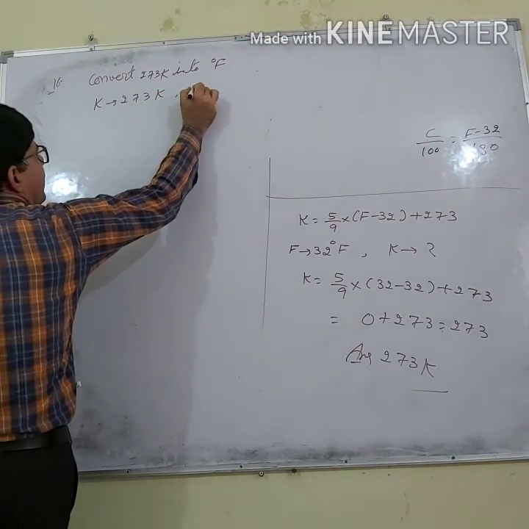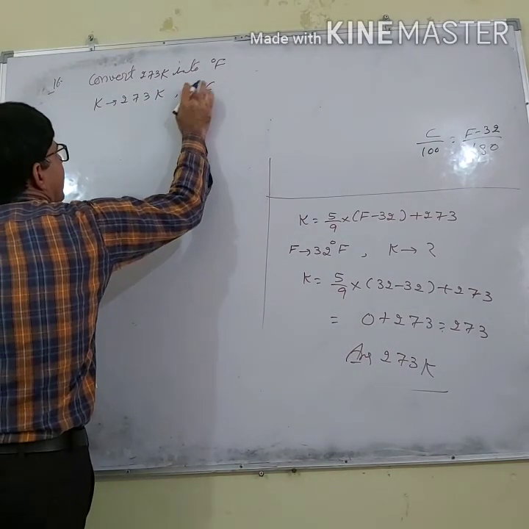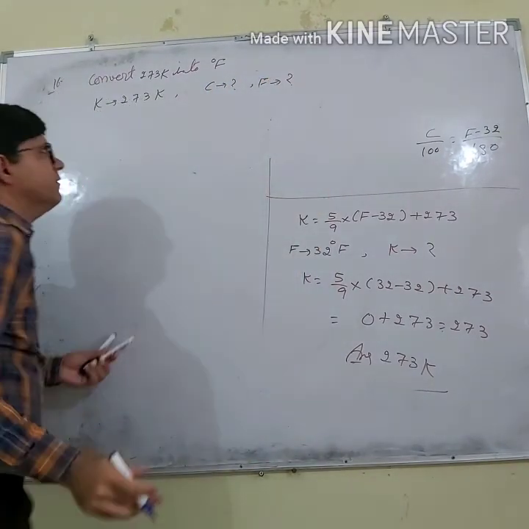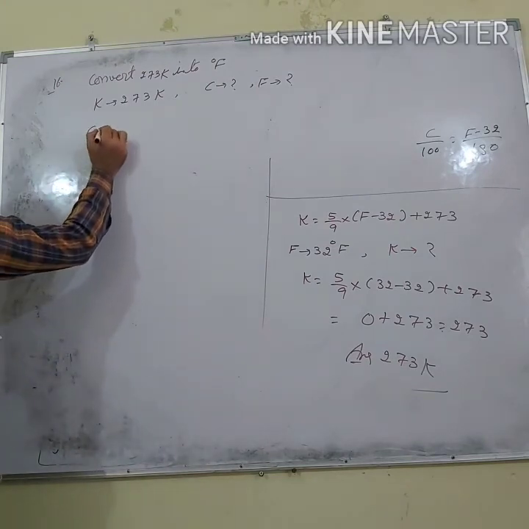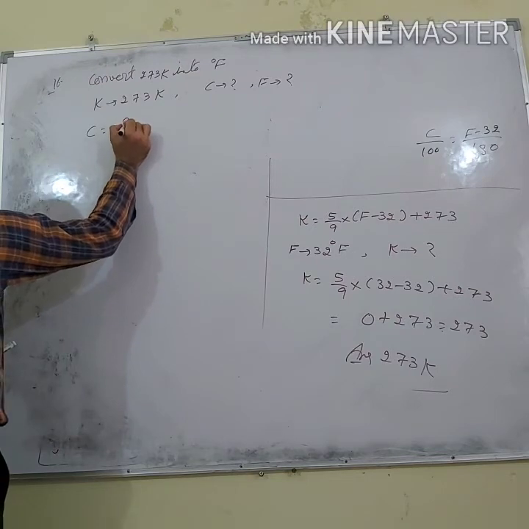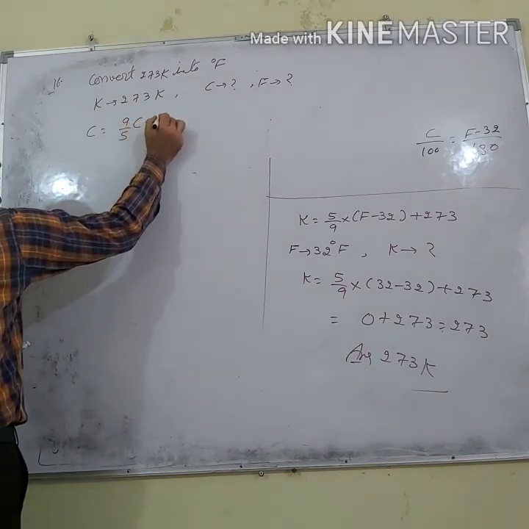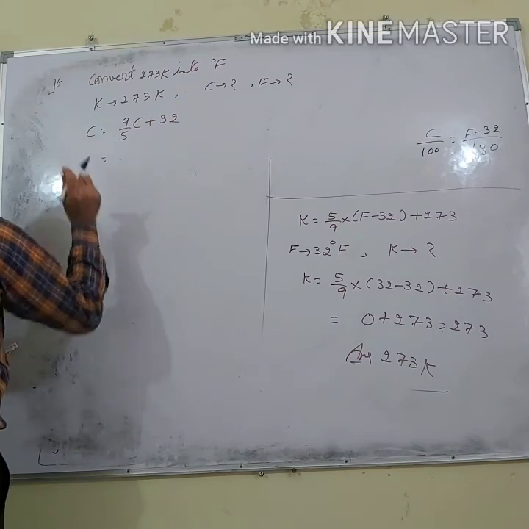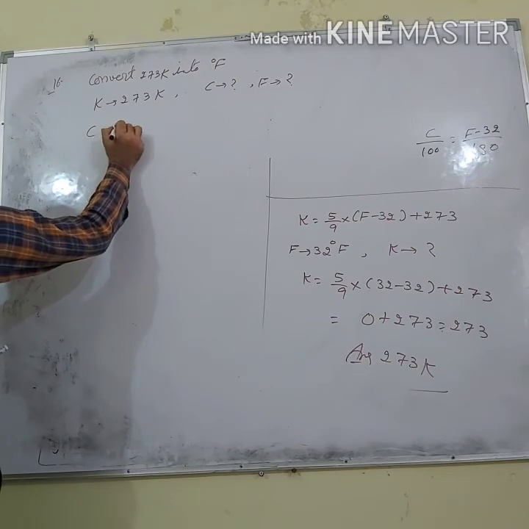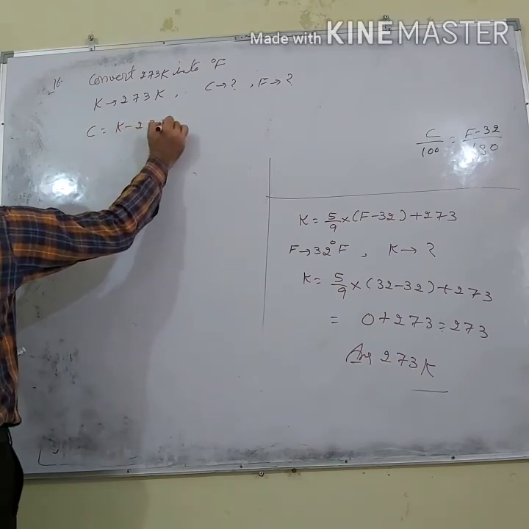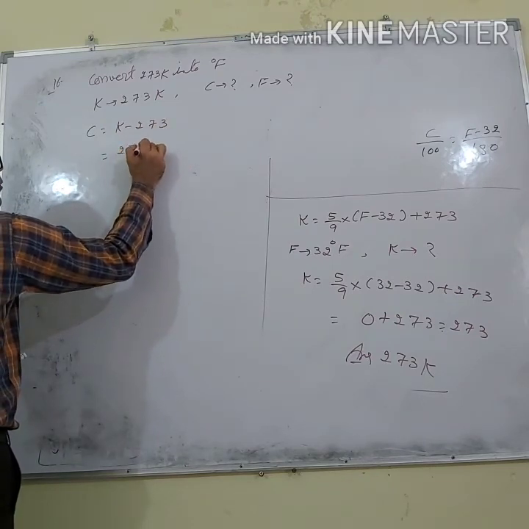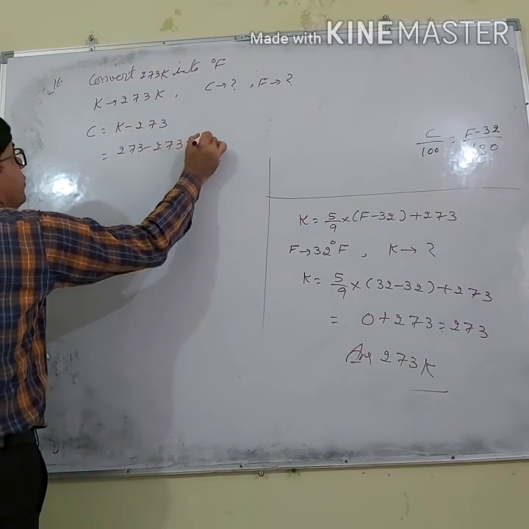First you can convert it into degrees Celsius and then convert it into Fahrenheit, just like I am doing. What is the formula that you have done? 9 by 5 C plus 32. Oh sorry, Kelvin is given. C is K minus 273, and 273 minus 273 is 0.